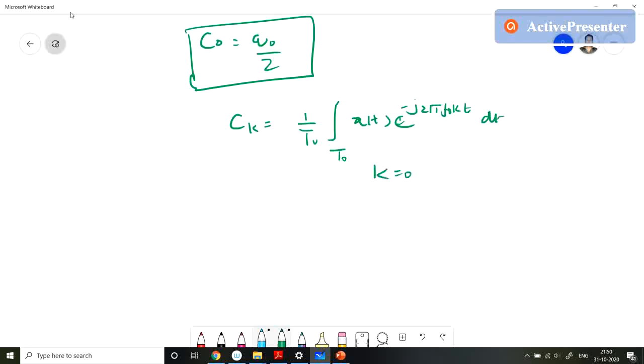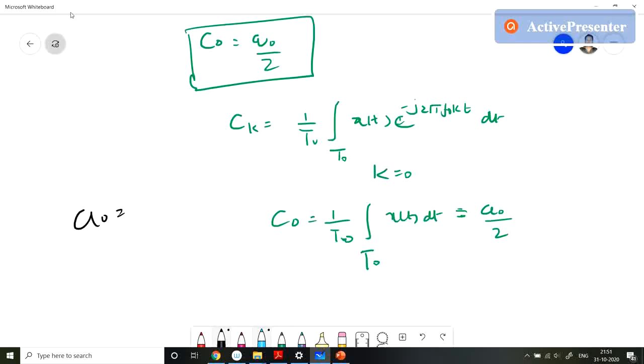Now putting k = 0, we get c0 = 1/T0 times the integral of x(t) dt. We can see that it is nothing but a0 divided by 2, because a0 = 2/T0 times the integral of x(t) dt.